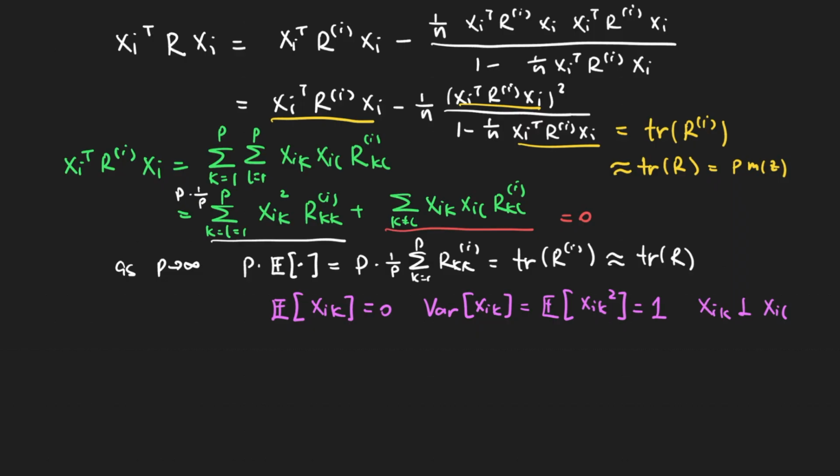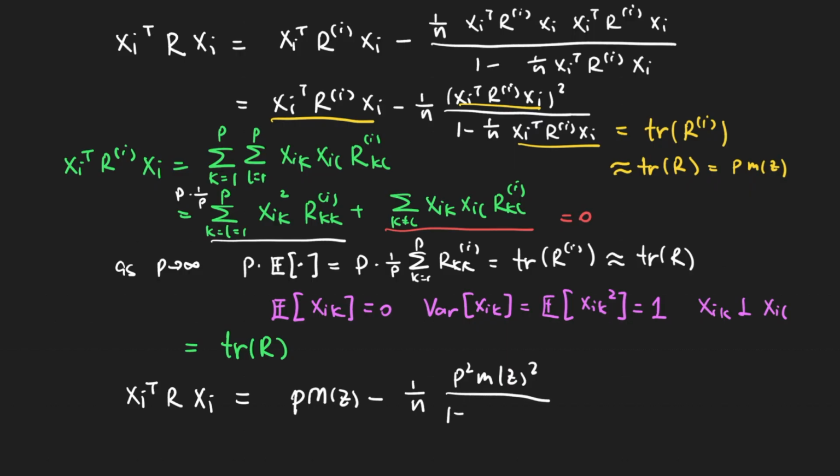So that is why this quadratic form equals the trace of R, which means that our xi transpose R times xi equals p times m of z minus 1 over n times p squared m of z squared, over 1 minus p over n m of z.